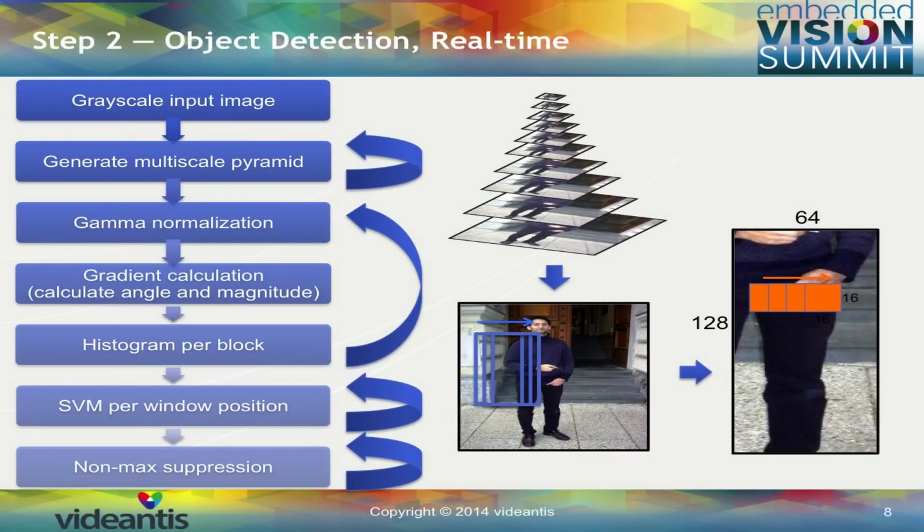So let's go again in a little bit more detail on how this works. So first of all, your image, you're not looking at color data, so we're just doing grayscale input. So convert to grayscale first, and then you're going to build this multi-scale pyramid. Then you slide this 64 by 128 pixel window across this whole image and across the different layers. And for each of these 64 by 128 windows, you're going to do a histogram, and we'll get into a little bit more detail.